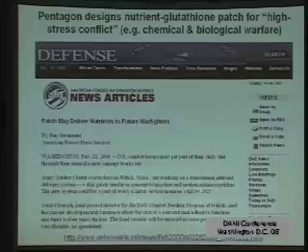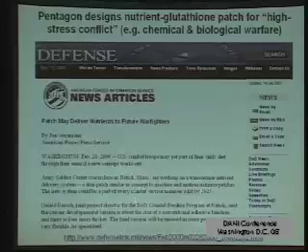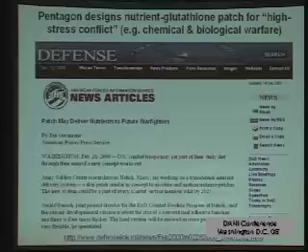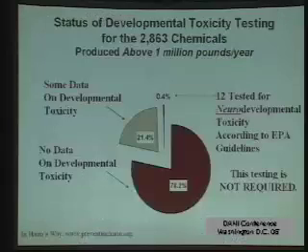Anybody with a genetic vulnerability would have a problem. So now they're going to send people out into that nightmare with glutathione patches. So they get it, that there's nutrient support. I wish they would get it that they shouldn't send people out into those situations. That would be a good idea.